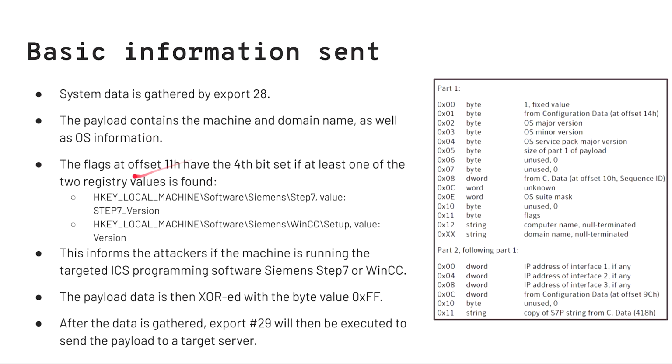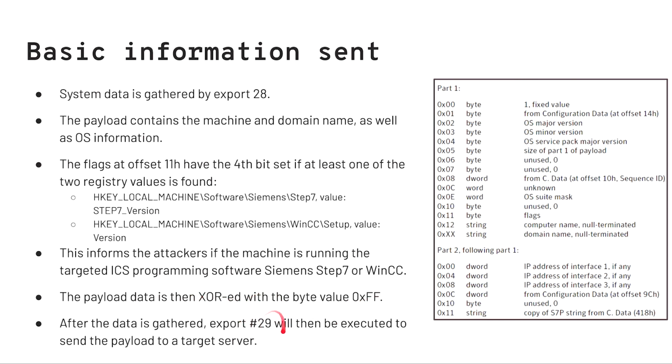So this is the basic information sent, and also the flags at offset 11 of this payload will indicate to the attacker whether these registered values are found, one of the two, and that means that this computer runs Step 7 software. So that means that's probably a computer of interest, and that's a computer that a Siemens PLC is connected to.